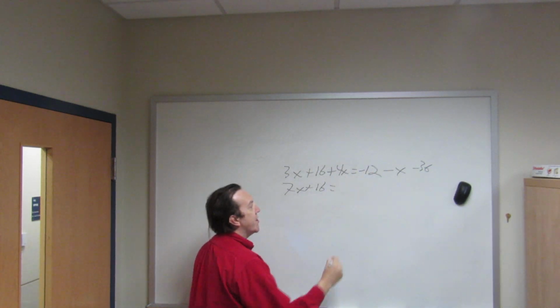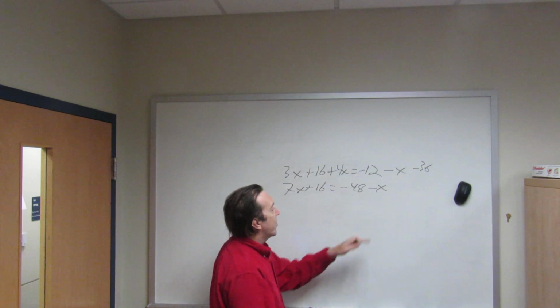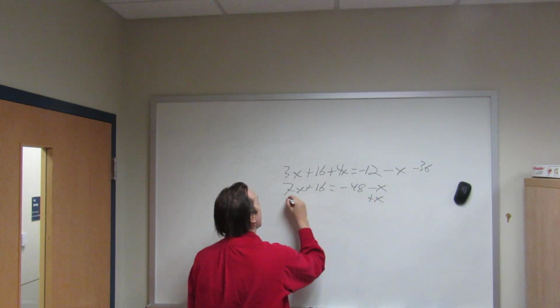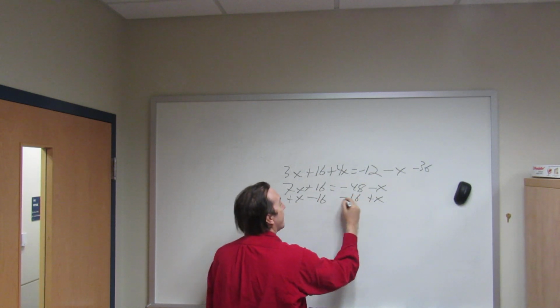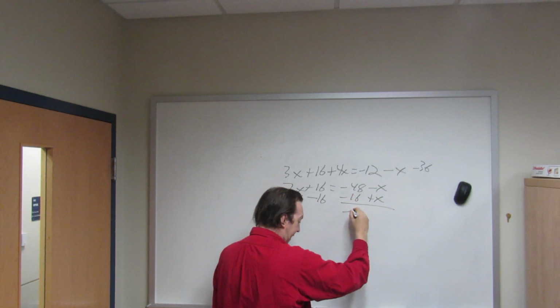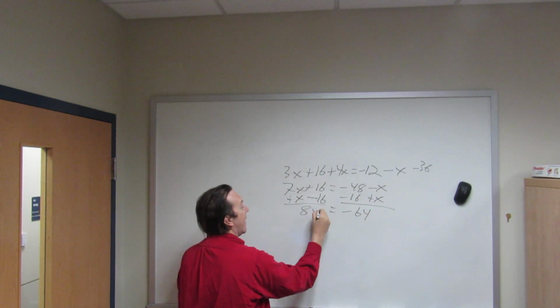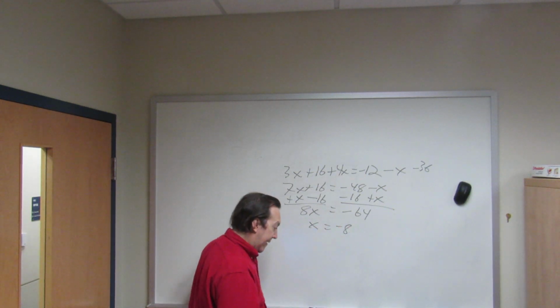Combine like terms there, you'll get negative 48 minus x. Bring all the x's here, so plus x, subtract 16. You're going to get negative 64 equals 8x. So x is negative 8.